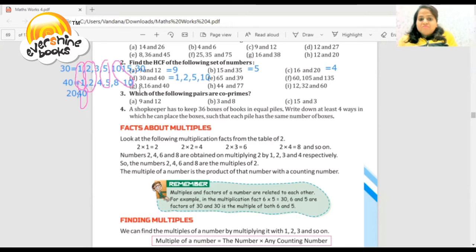These are the common factors. So which is the greatest one? You have to write the answer 10, because HCF of the following set of numbers is the highest common factor. So your answer is 10. Okay, students? Got it? Write your answer 10.